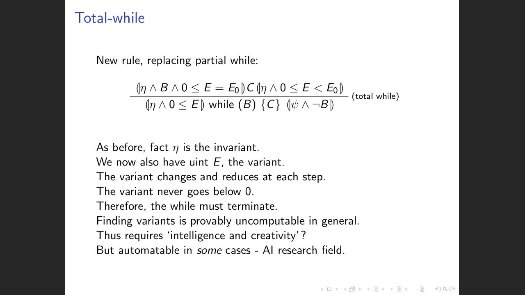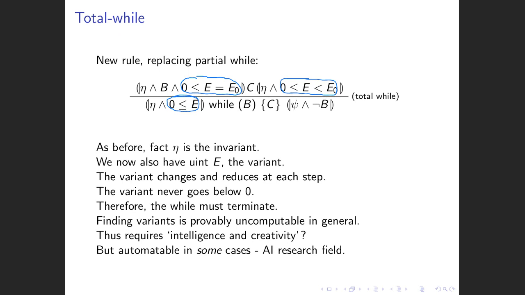It's only the general case that is impossible. So when you have a need for total correctness, you replace your while rule with this one. This is called the total while rule, and it is exactly the same as the partial while rule, except for having these extra conditions in the blue.